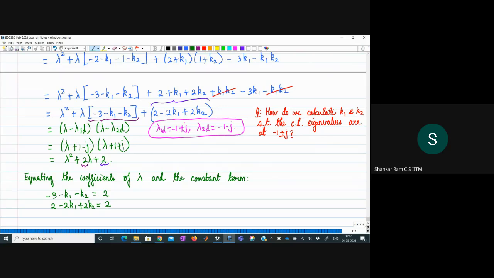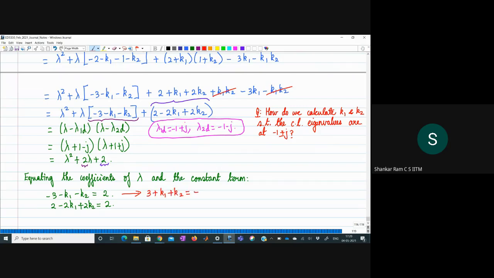If you look at these two equations, we can observe that there are two equations and two unknowns. So we just need to solve for the two unknowns, right? Now how do we simplify? Let's say we first multiply the first equation on both sides by minus 1.